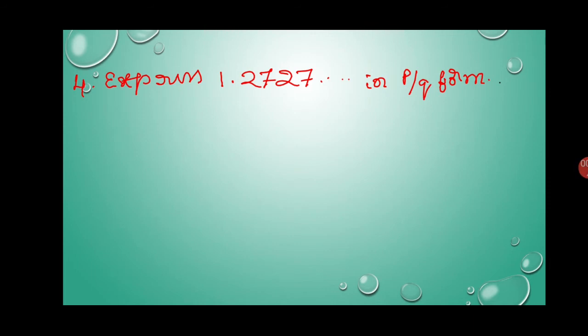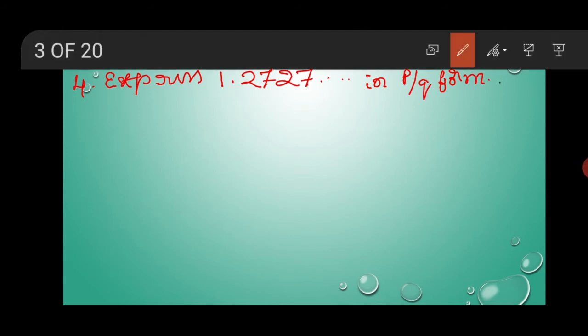Express 1.2727 on and on in p by q form. What type of decimal expansion is this? Again, this is a repeating decimal expansion. How many digits are repeating here? 2 digits are repeating. What are they? 2, 7, 2, 7, 2, 7 on and on. So once again we have to do as before.